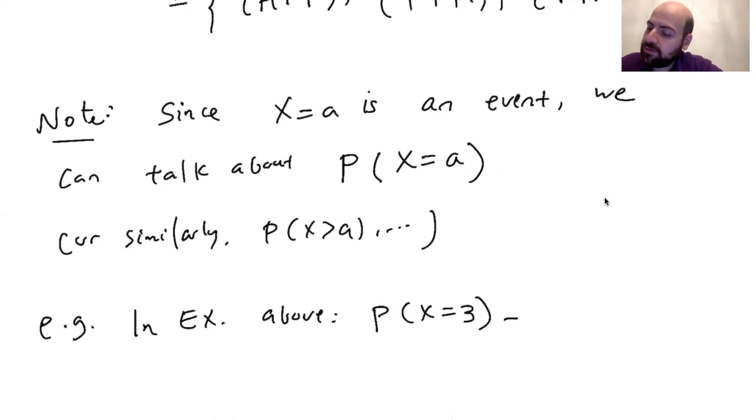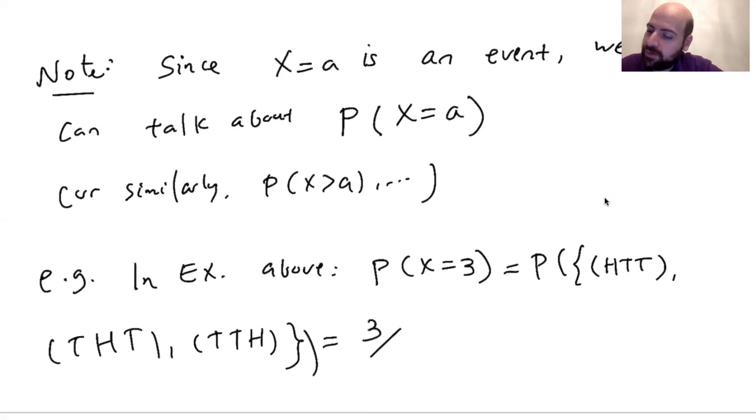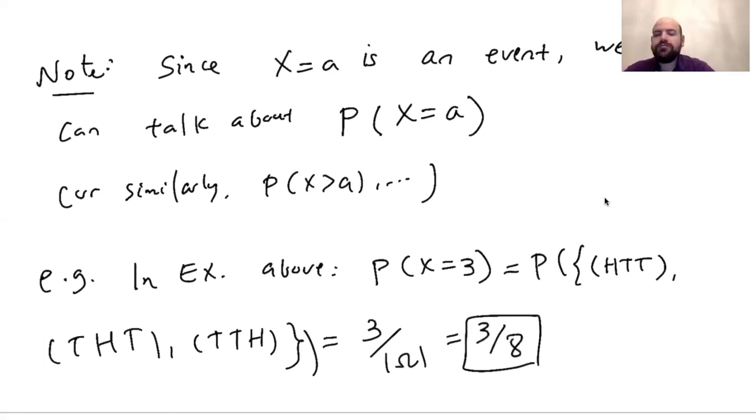So this is equal to the probability of {head, tail, tail}, {tail, head, tail}, and {tail, tail, head}, which is the number of elements of this event, which is 3, divided by the number of elements in omega, which is 8. So it is 3 over 8.